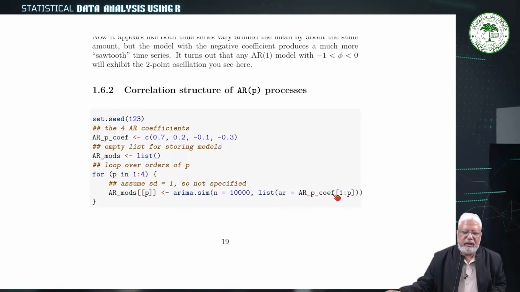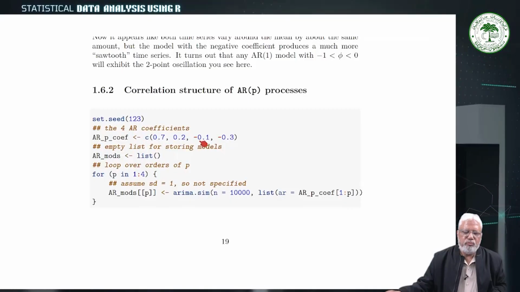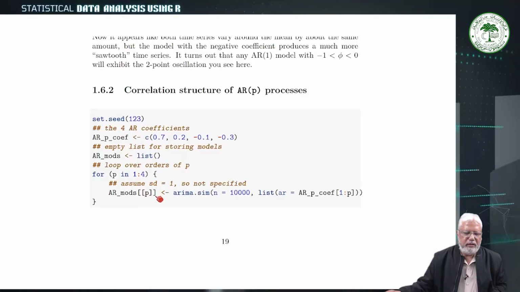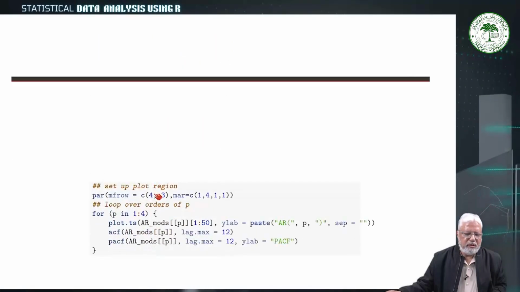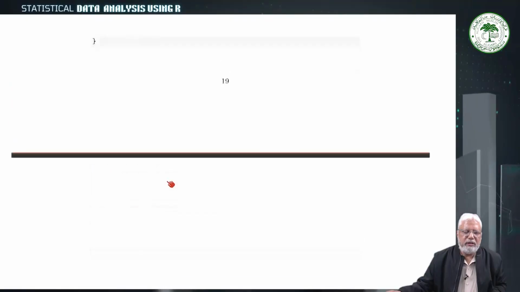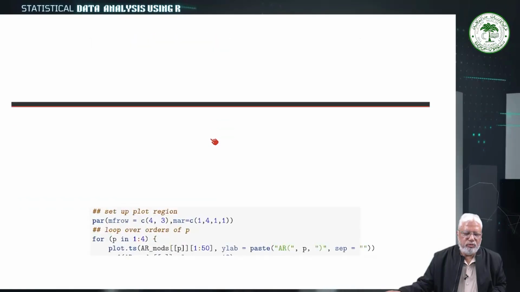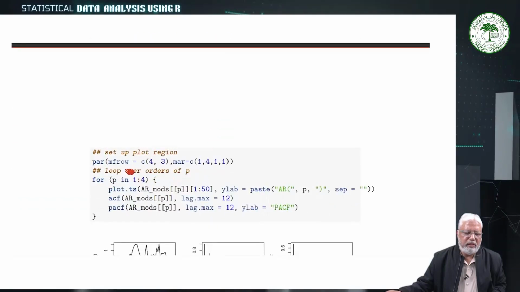So it will take the coefficients 0.7, 0.2, -0.1 and -0.3, and then it will be simulating, and those 4 simulations are being stored here.